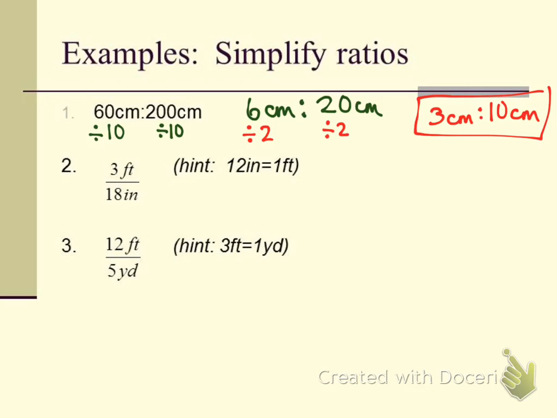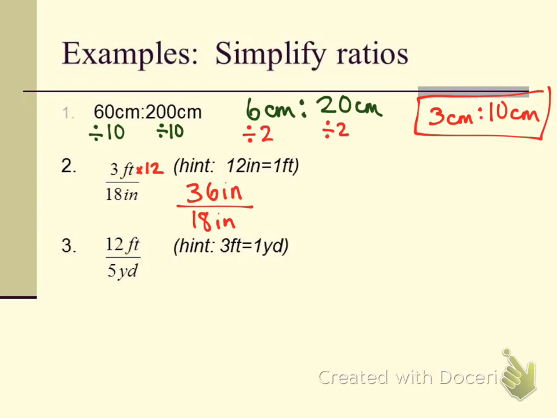So if I wanted to change 3 feet into inches, I would just multiply that by 12. What is 3 times 12? 36. So there are 36 inches in 3 feet.